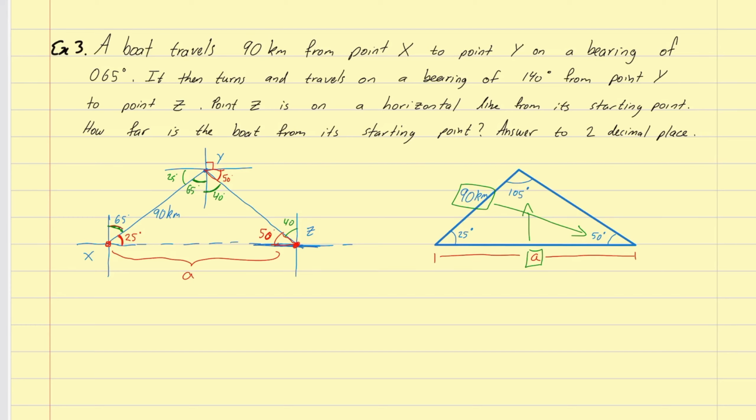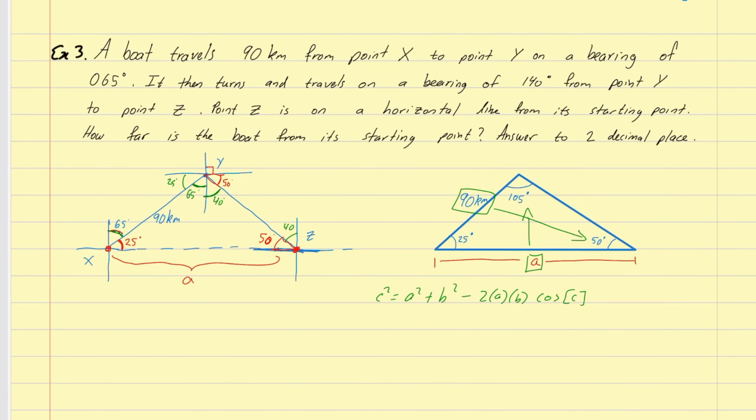Now, why can't I use the cos rule? If I want to use the cos rule to find the side A, let's go ahead and write down what the cos rule was. So c squared is equal to a squared plus b squared minus 2 times a times b cos of angle C. Now, if I was to work out what this letter A is equal to, looking at the formula, I need these two sides.